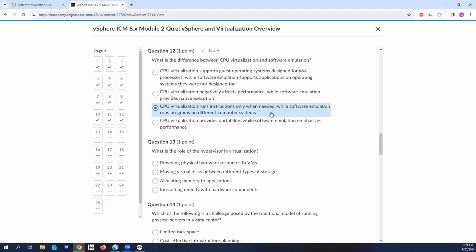So that part is true. We're just looking at the emulation stuff. So this down here, emulation emphasizes performance. That's false. Software emulation provides native execution. That's false because it's not native. You're not on the chip.